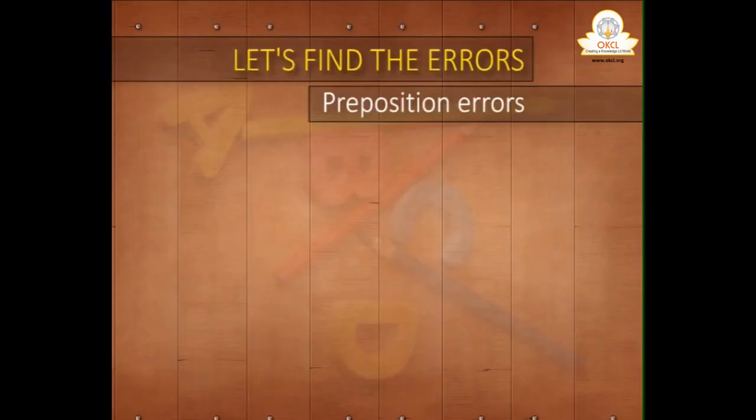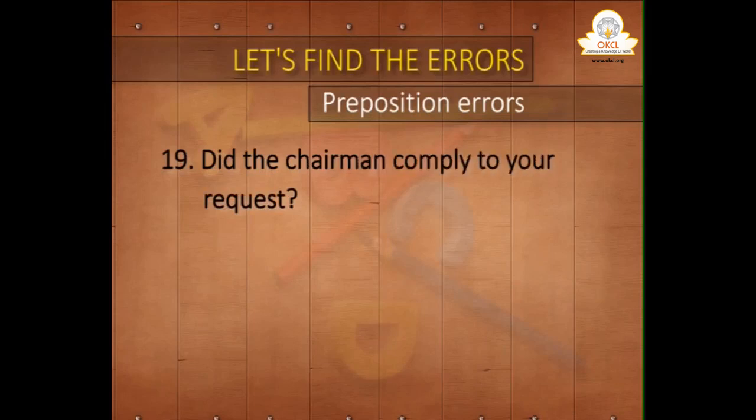Did the chairman comply to your request? Comply doesn't take to. Comply will take with. Comply takes two prepositions. Comply with, and compliance will take of. For example, an order is given: non-compliance of the order will be viewed seriously.